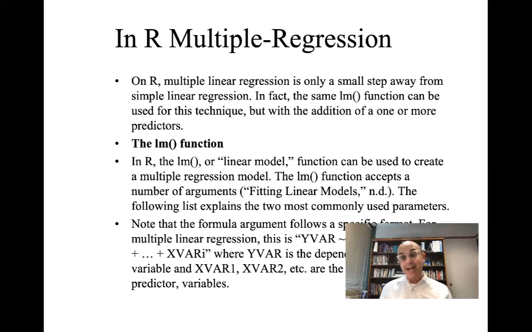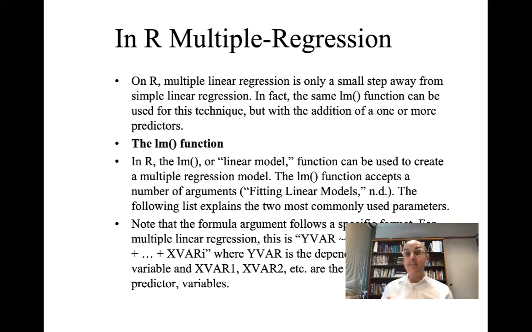For example, fitting a linear model allowed us to explore a list of commonly used settings. In order for us to do that, we also formulate the arguments that we want to apply.